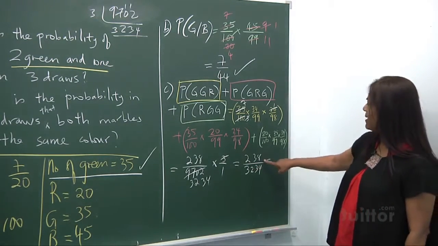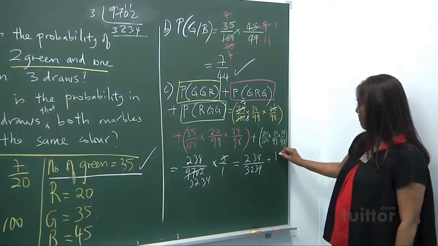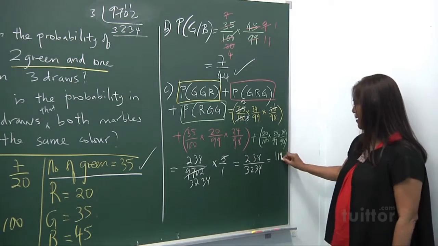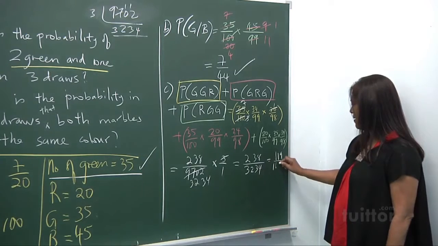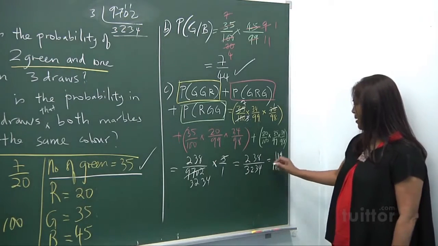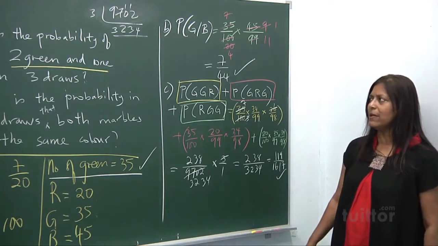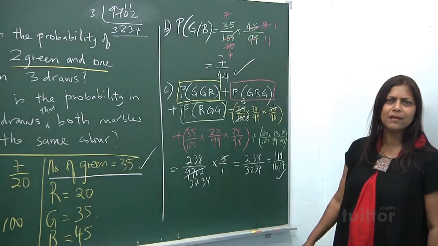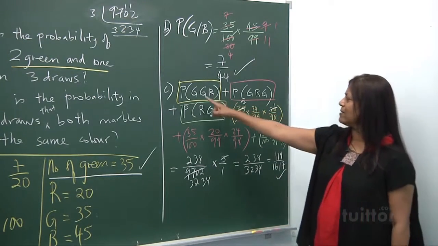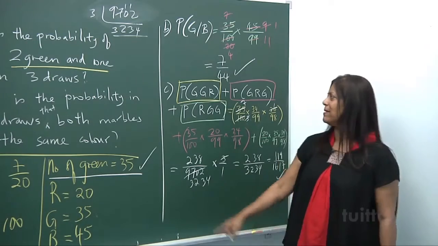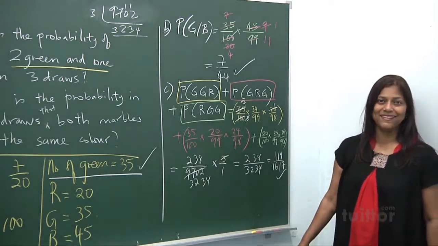No. But because it's even, you can divide it by 2. You get 119 and 1617. So this is your answer, the probability of getting 2 greens and 1 red. It's the repeated color that makes it easier. You just have 3 different events to be added.